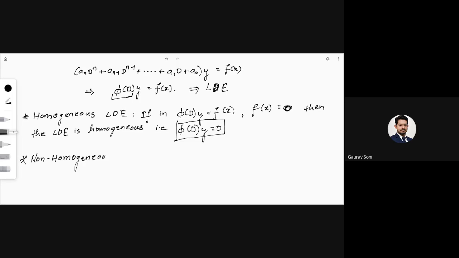Non-homogeneous linear differential equation.